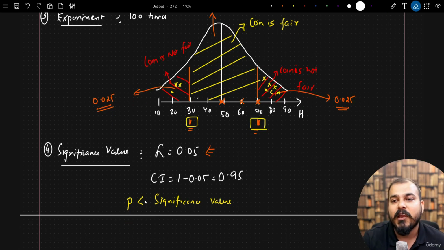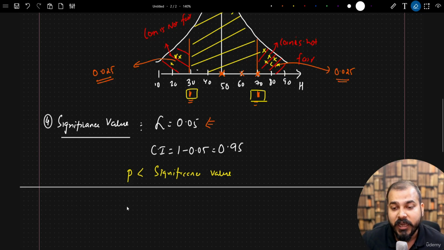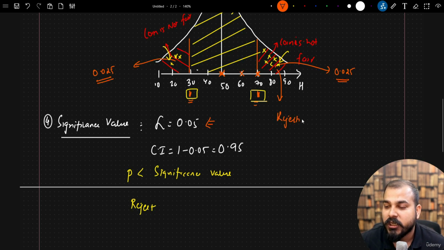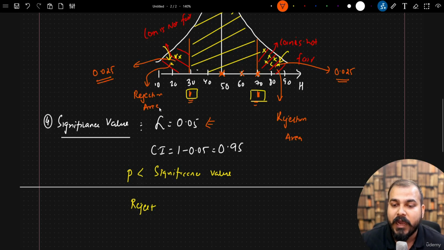In this scenario, I will say we have to reject the null hypothesis, because it is coming in the extreme end, in this end or in this end. This is basically my rejection area, and similarly, in this region, it is my rejection area. So if my p-value is less than the significance value, we reject the null hypothesis.